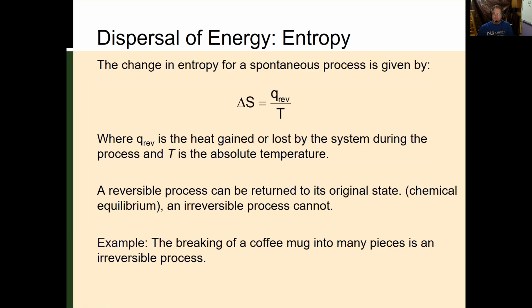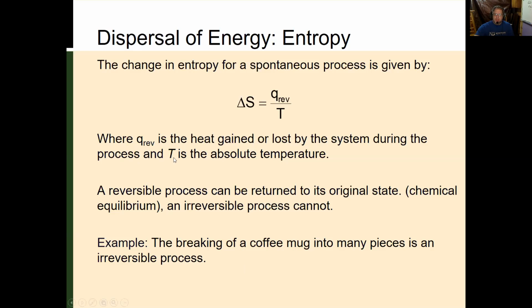Now, a reversible process is one that can be returned to its original state. An irreversible process cannot. So if I break a coffee mug, I can't really put it back together. I mean, I could remake it, but I would have a lot of great increase of entropy in order to do that. One thing I want you to notice is that all real processes are not really reversible.